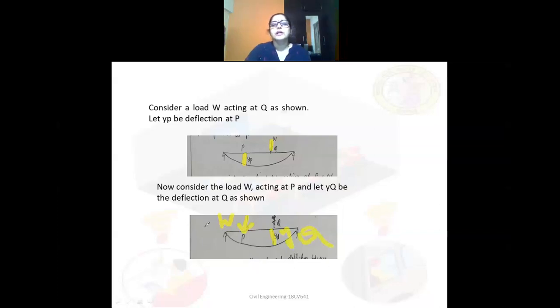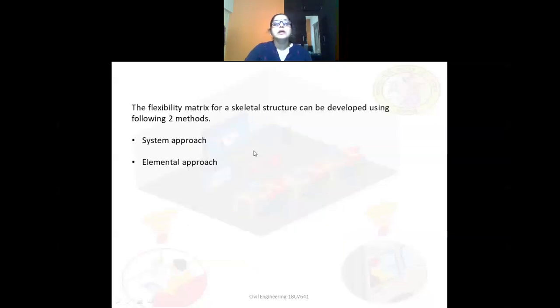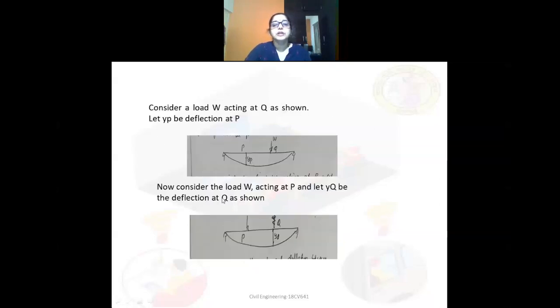So this shows that the deflection YP is equal to YQ. Why? Because the load is the same. So YP is equal to YQ. So that's why Fij is equal to Fji.